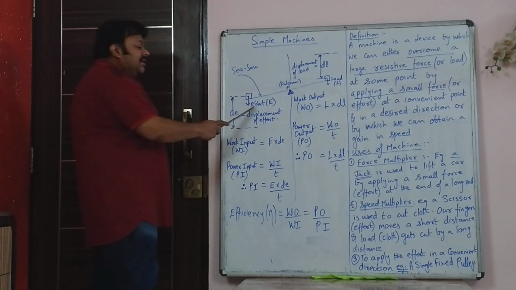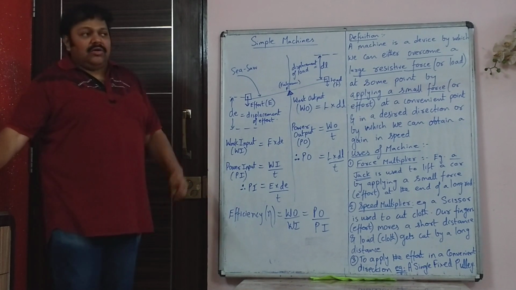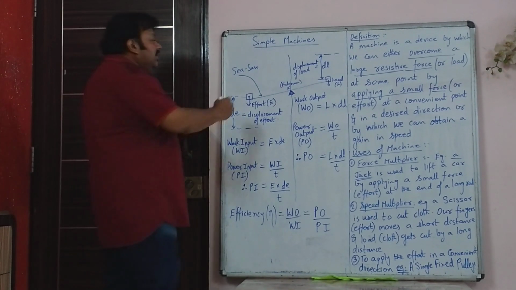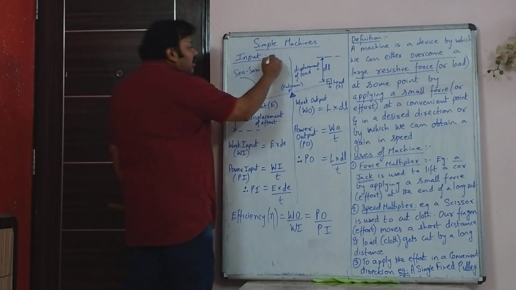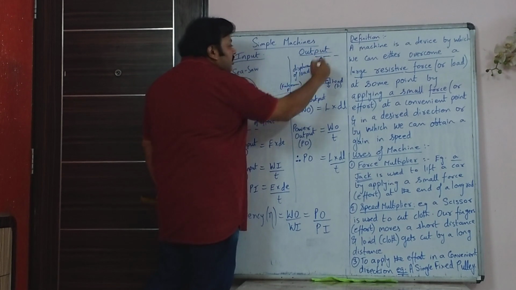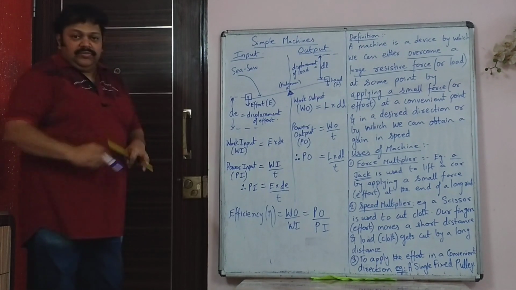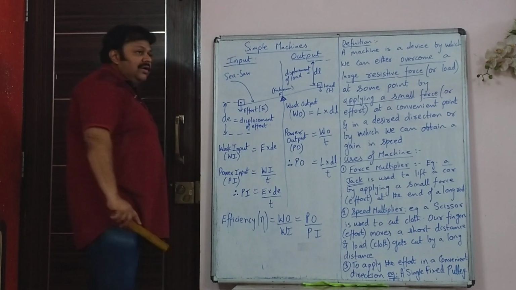So the force acting on the input side is given a specific name. I'll call this side where the mother is standing the input side and the other side where the child is the output side. On the input side there is a force acting.